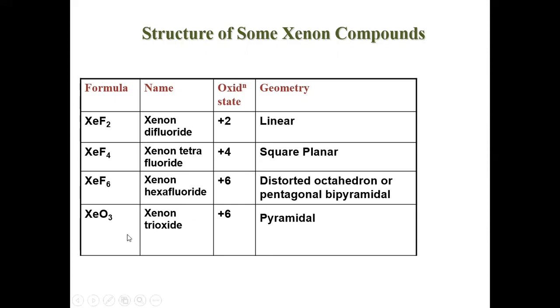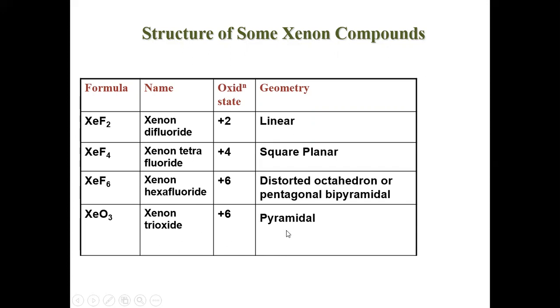Now we'll have a look at xenon trioxide. What is the shape? Xenon trioxide has sp3 hybridization. Xenon is in +6 oxidation state.